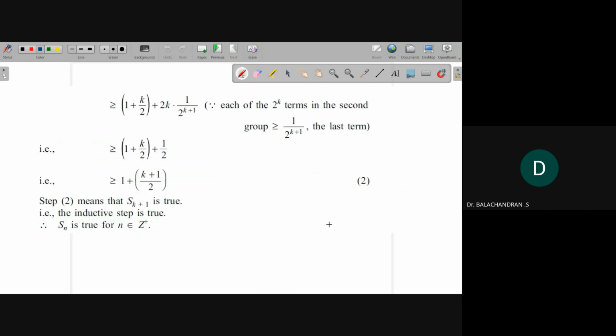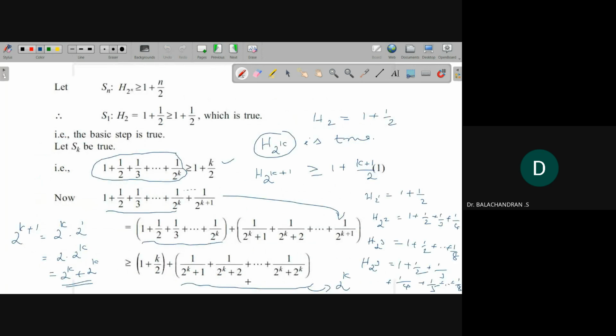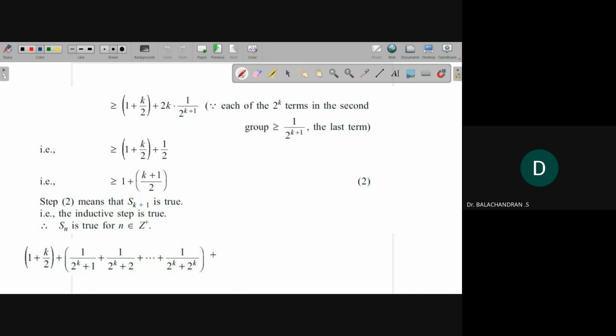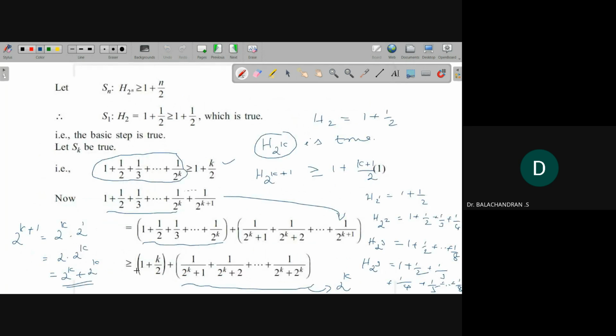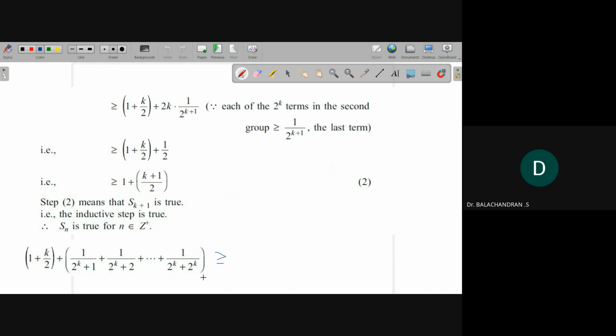I'll put it here, just for understanding purposes. This is this term. This term I took from this portion. So this is greater than or equal to the total terms, which is less than or equal to 1 plus k by 2.